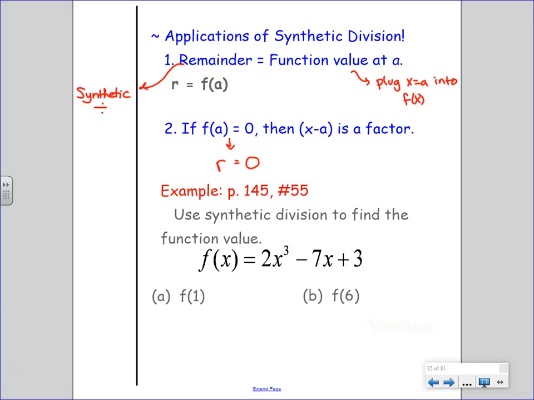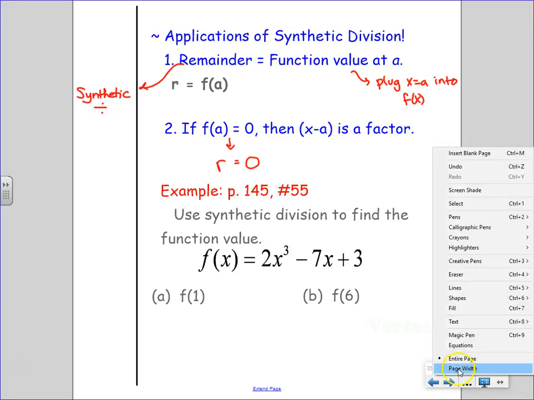But depending on the function and how hard it is to plug in, you might rather just do synthetic and look at the remainder instead of the annoying math, especially if you don't have a calculator. Or if, like so many before you, the calculator doesn't give you the right answer because maybe there's a fallible person putting stuff in.